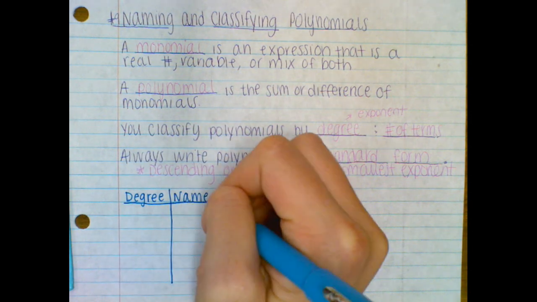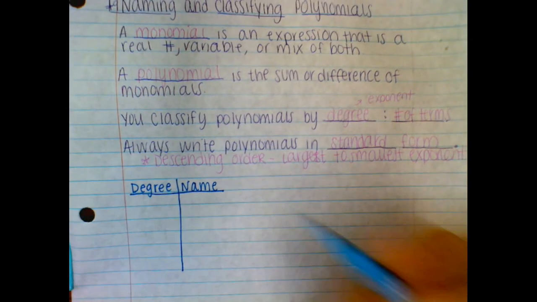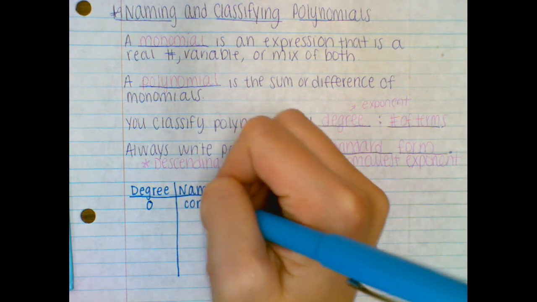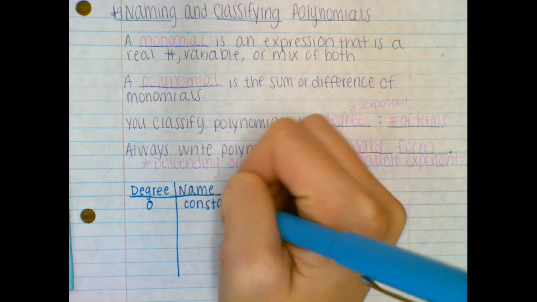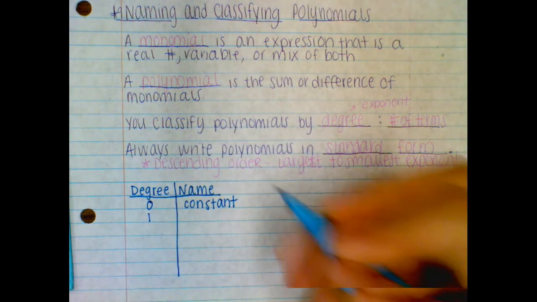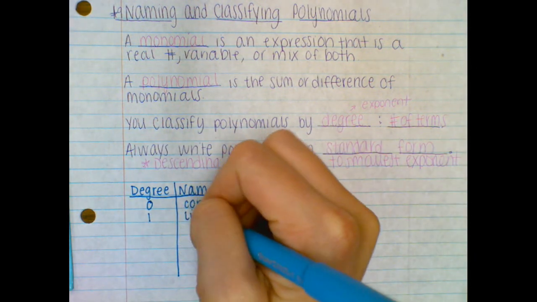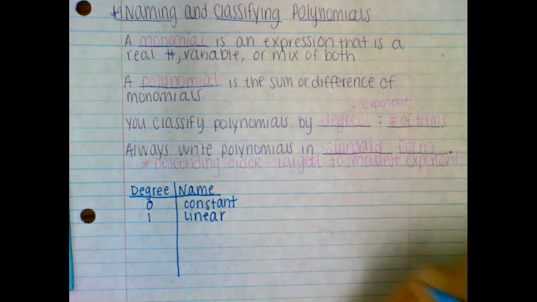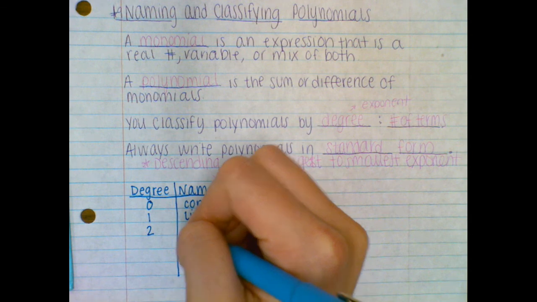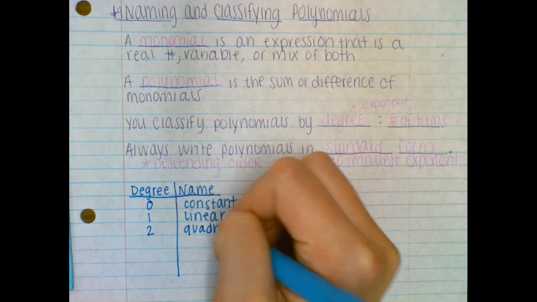So if your largest degree or largest exponent is 0, the name we call that is a constant. If your largest degree is a 1, we use the word linear. If your largest degree is 2, we use the word quadratic.